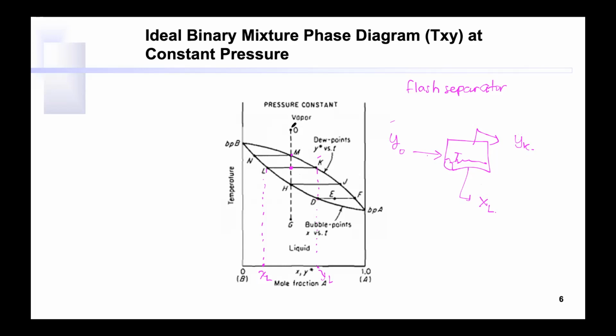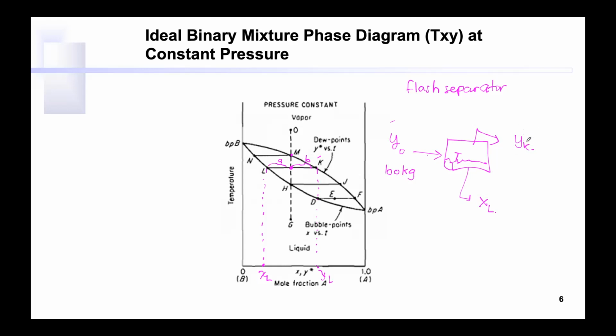Okay, let's see this one. Do you remember the lever rule? So let's say this is A, this is B. Let's say, for example, this one is 100 kilograms.